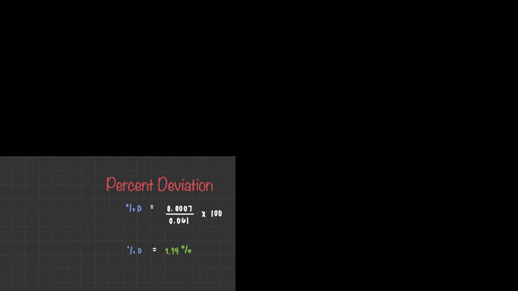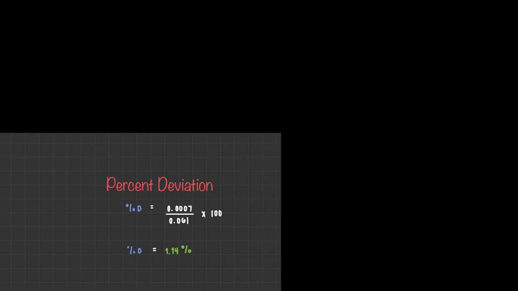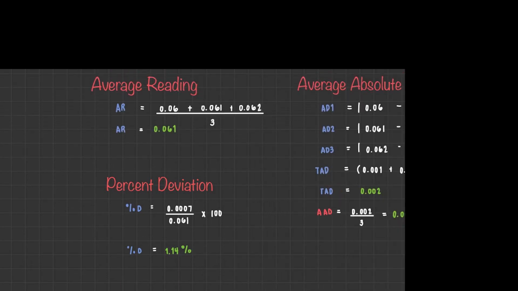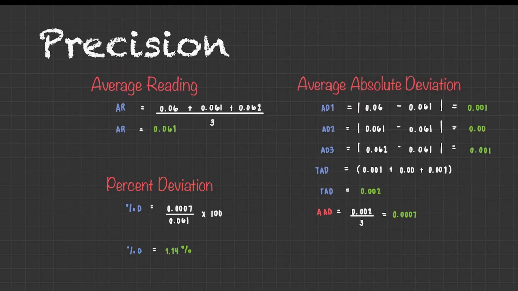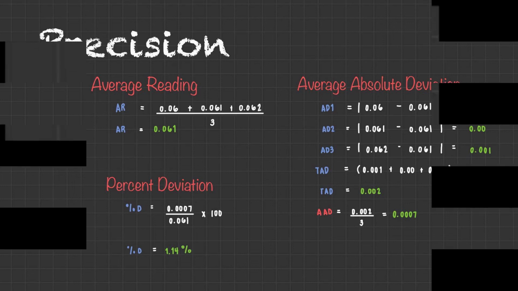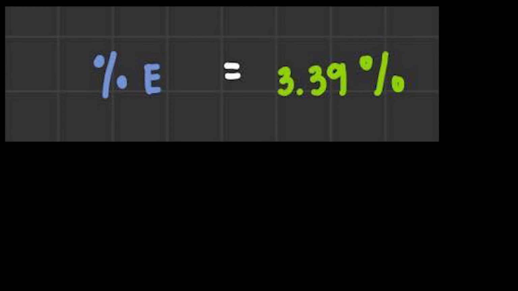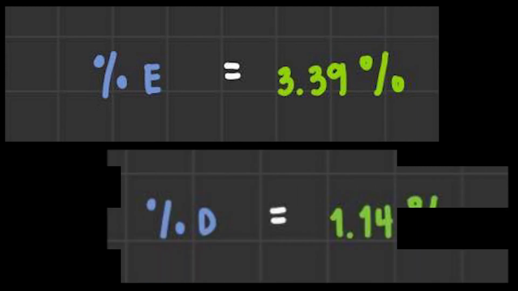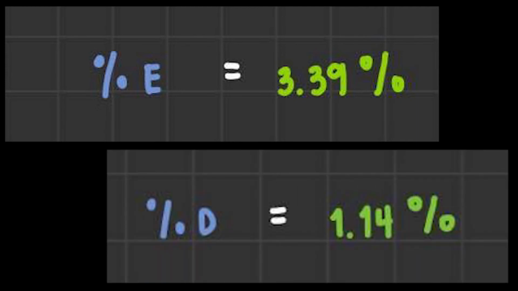Divide AAD to the average reading and multiply it by 100 to get the percent deviation. The lower the percent deviation, the more precise the measurement is relative to the true value. So here, we got 3.39% as a percent error and 1.14 as a percent deviation.